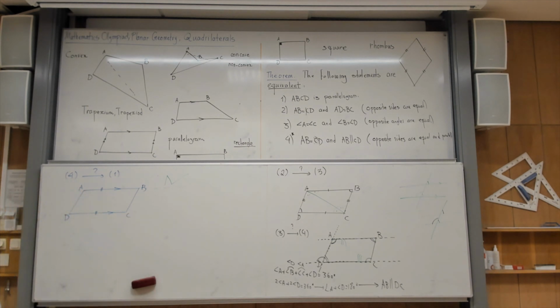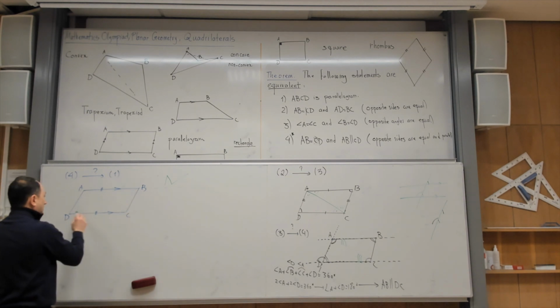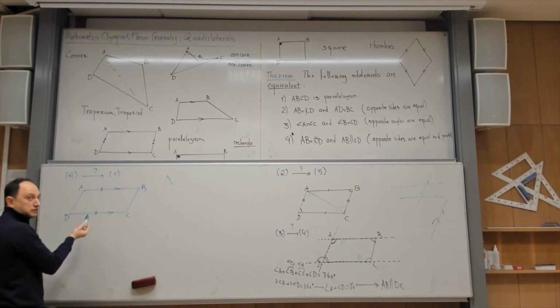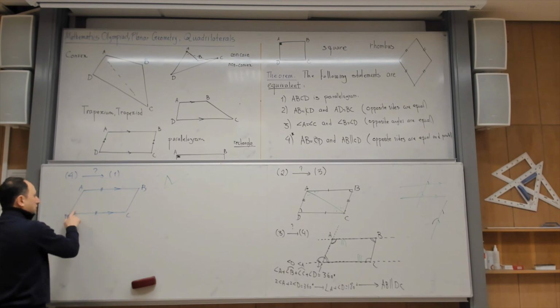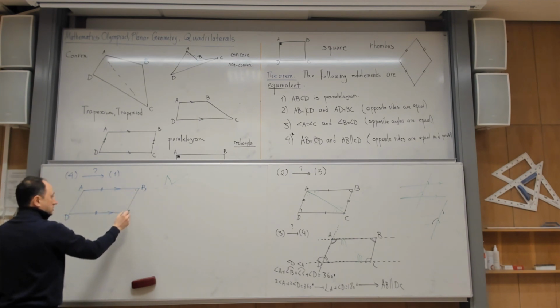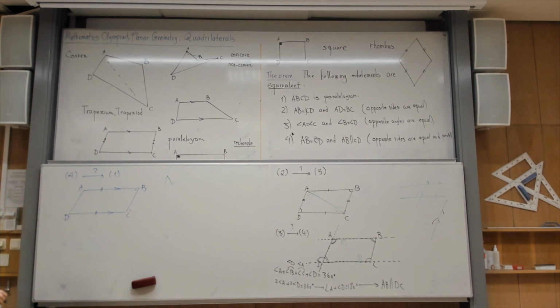And now we can conclude that there are corresponding angles near B and C. Yes, B and C. They are equal, because I know this is parallel to this one and this is the transversal, so this angle and that angle are equal.